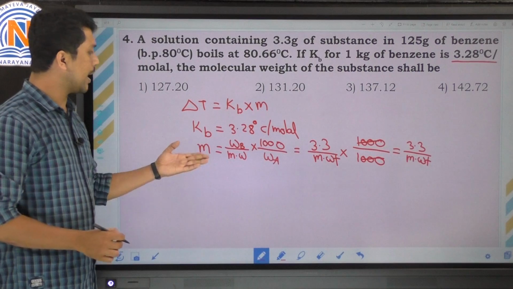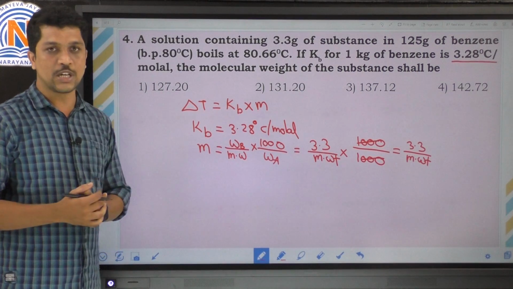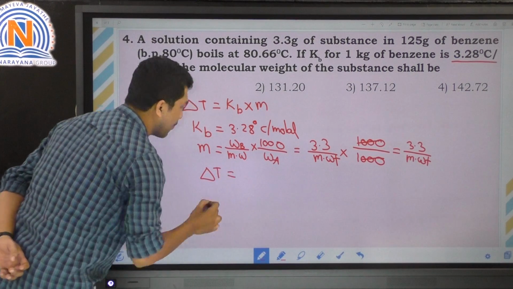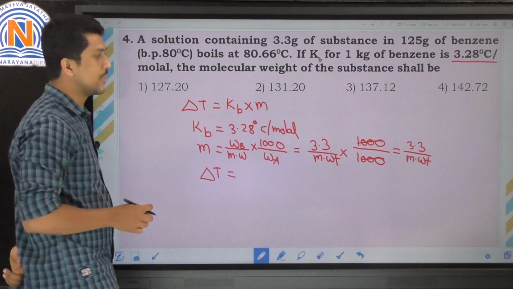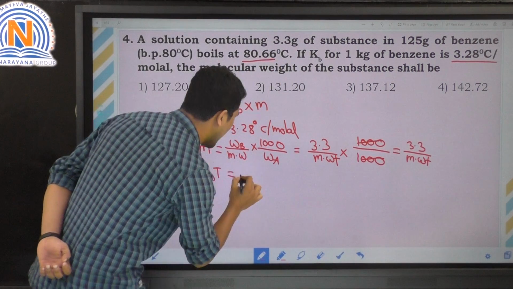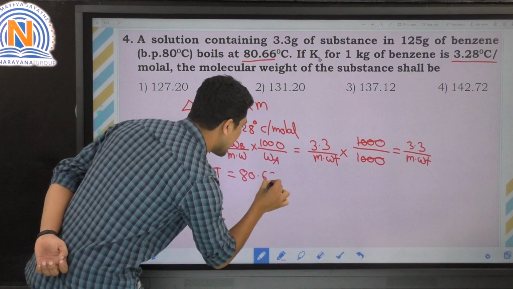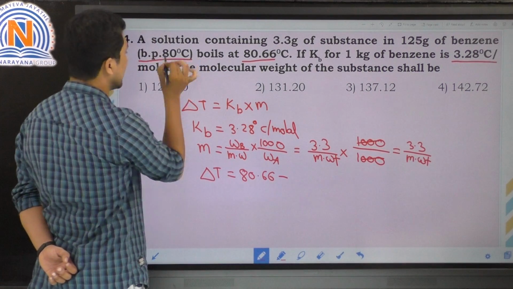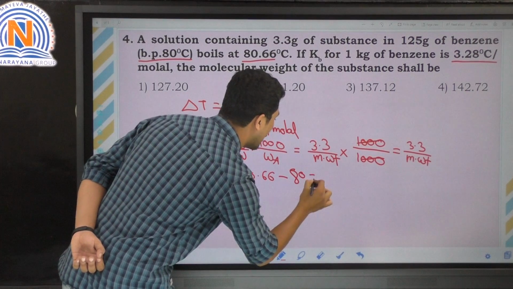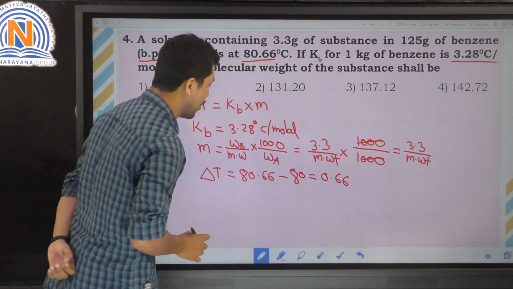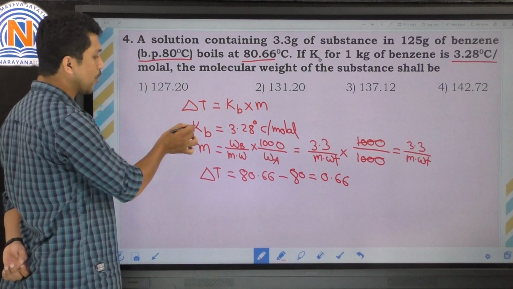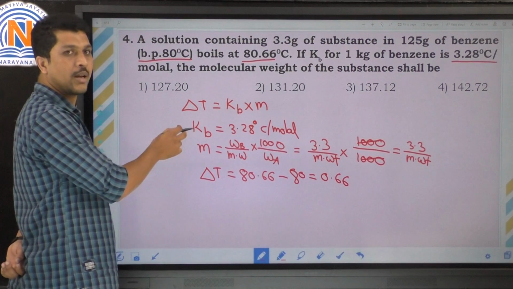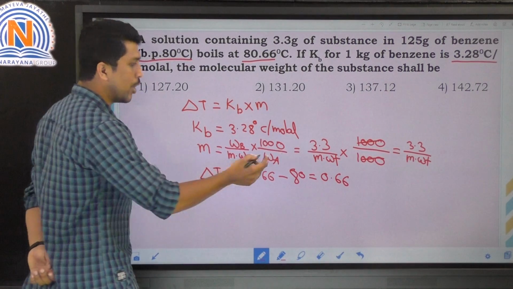We got the molality and we got the Kb. Then we need to find delta T, which equals the boiling point of the solution, 80.66, minus the boiling point of the pure solvent, that is benzene's boiling point of 80 degrees, which is equal to 0.66. We know delta T, we know the molality, and we know the molecular elevation constant. Now we can find the molecular weight.